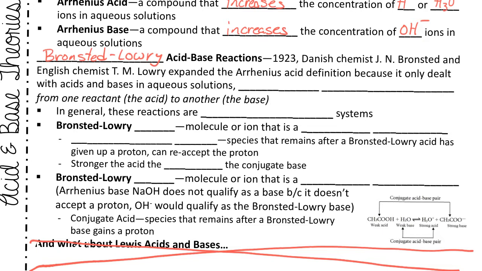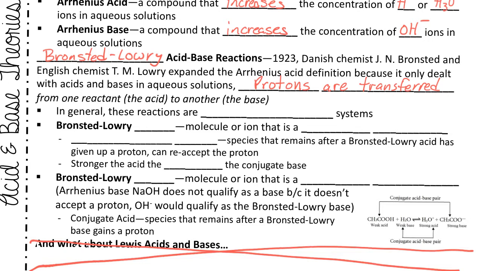So, their definition is slightly different. They said the difference between an acid and base is how the protons are being transferred. If it's an acid, protons are transferred, and if it's a base, protons are accepted.